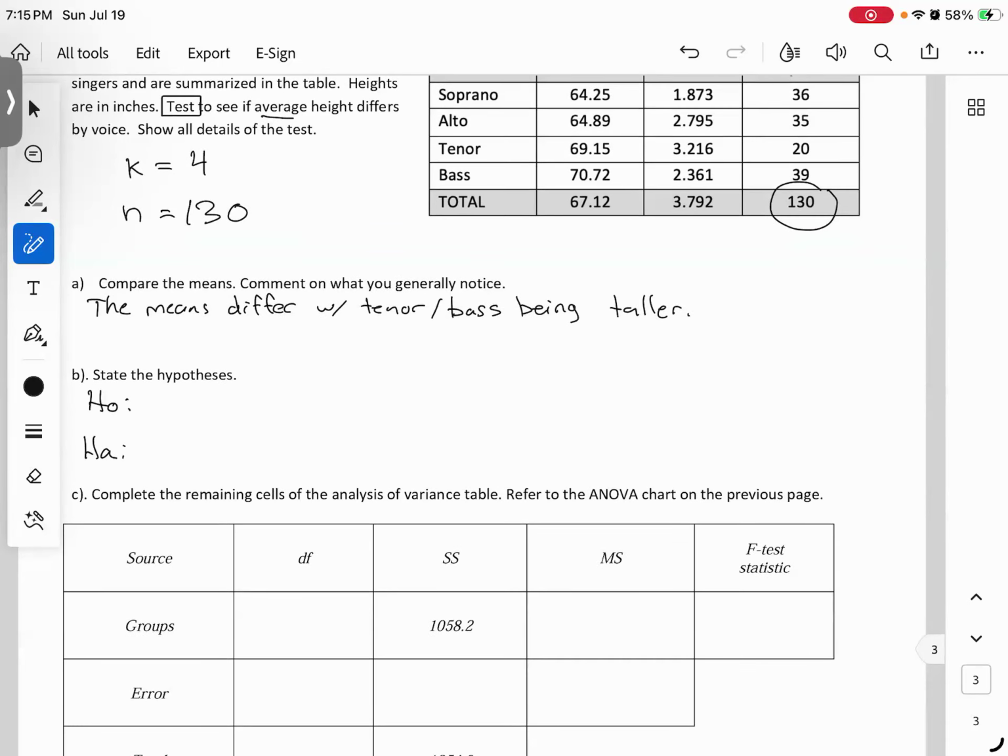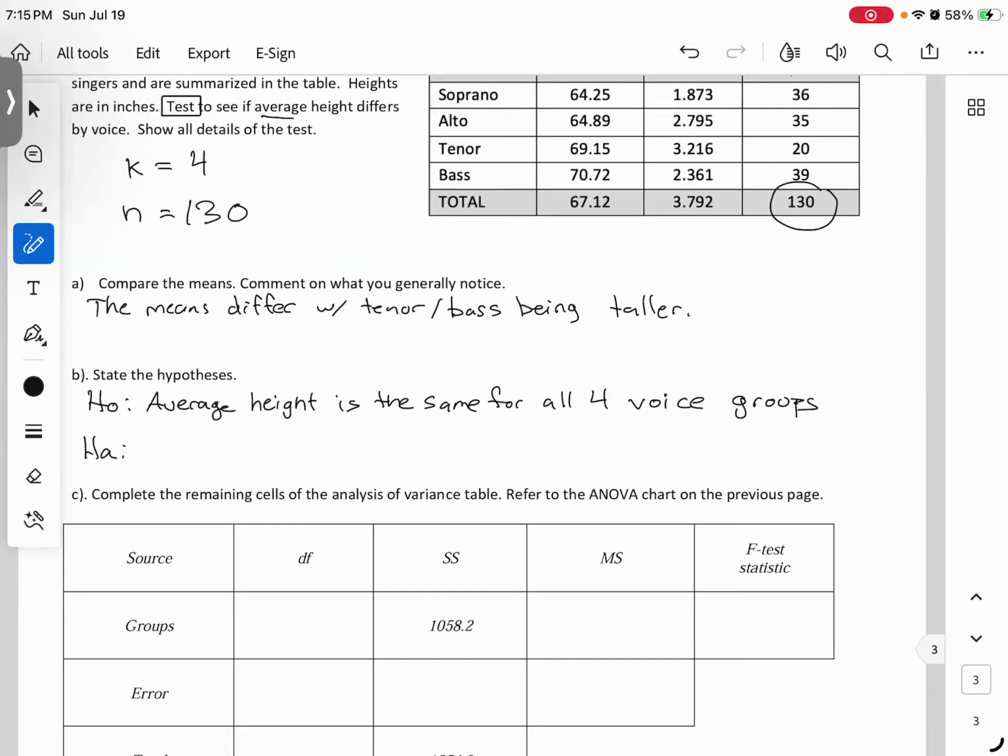Now the null is the one that's sort of like our Debbie Downer. Like, nah, there's really not going to be a difference. So it'll say, the average height is the same for all four voice groups.